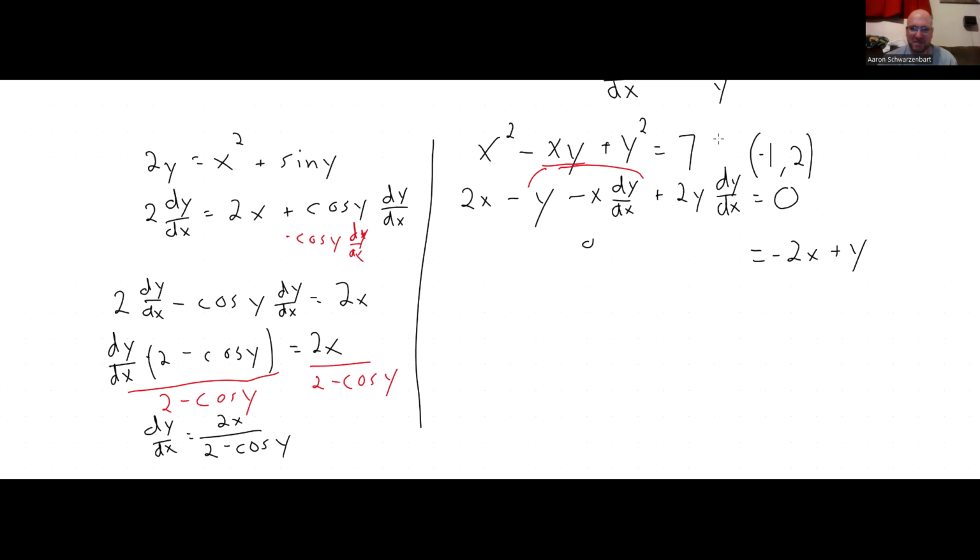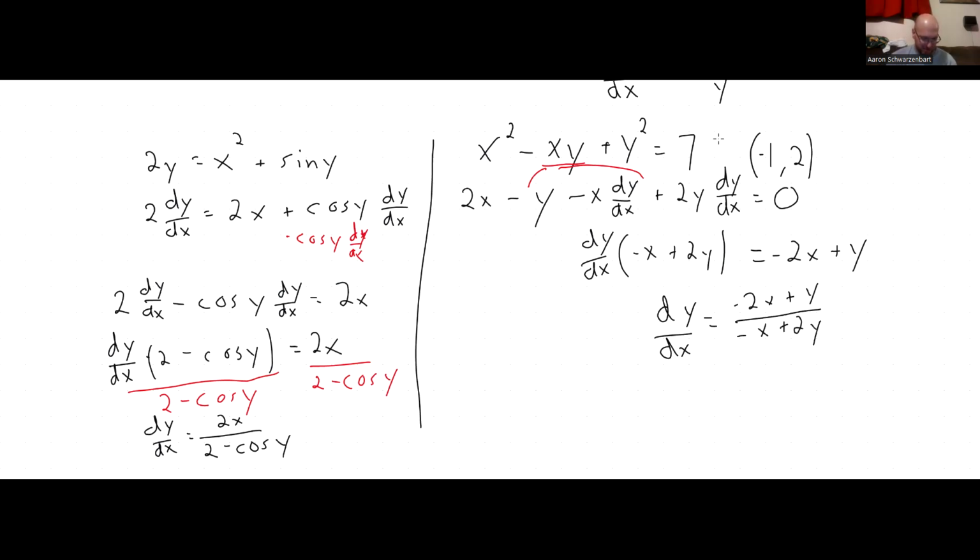dy/dx times (negative x plus 2y) equals ... And then I'll divide by my parentheses, giving me dy/dx equals negative 2x plus y over negative x plus 2y.